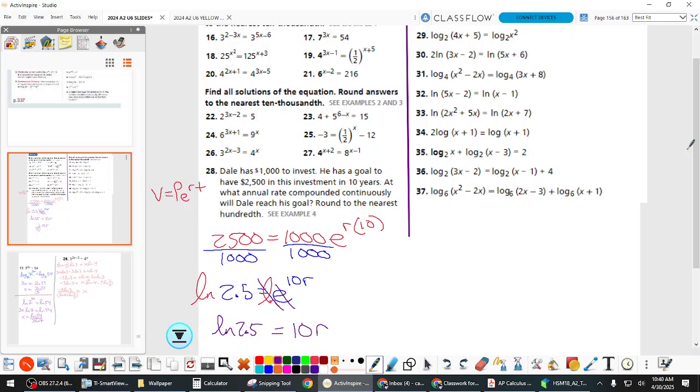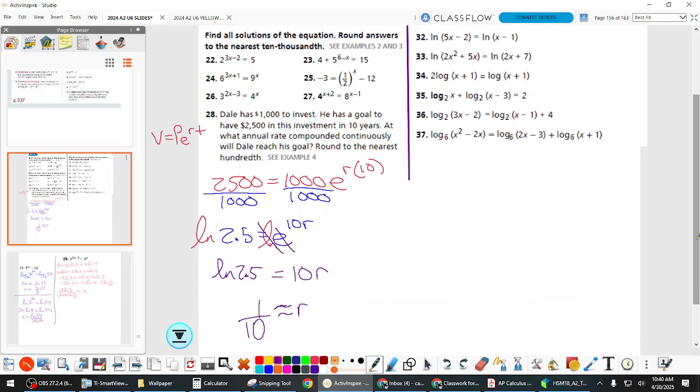Oh, you know what, before I do 18, I was going to say, think about how this would change if this said compounded monthly. So all these beginning numbers would still look the same. But what would go in here now if it was compounded monthly?